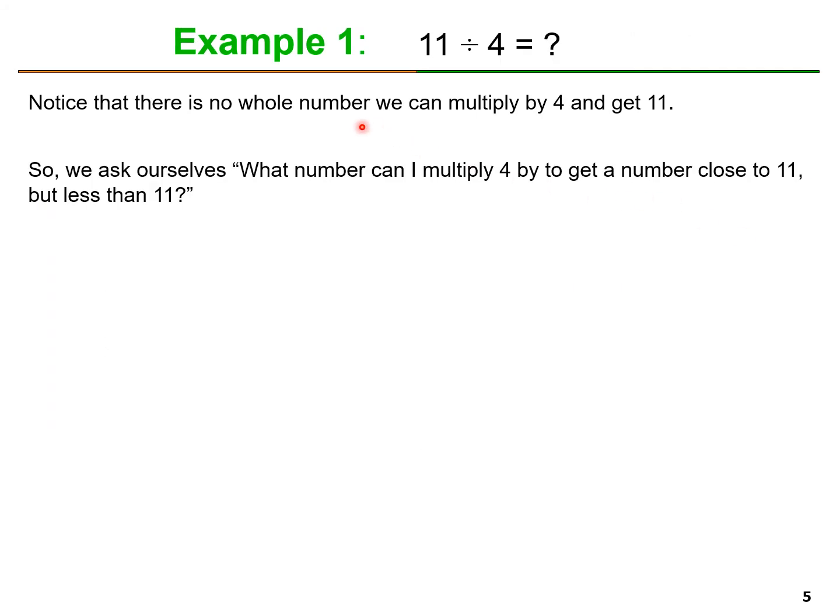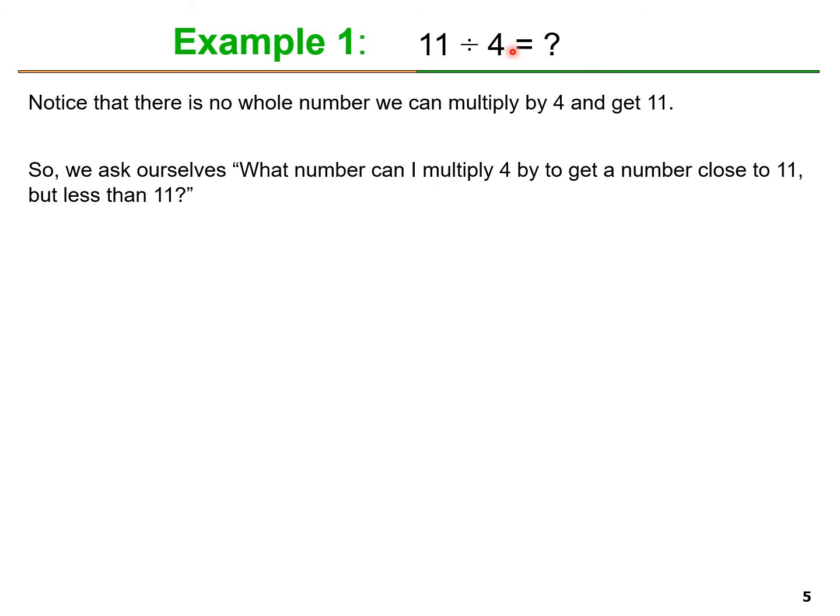Notice that there is no whole number we can multiply 4 by and get 11. Up here, we're basically asking ourselves 4 times what is equal to 11. Again, there is no whole number I can multiply by 4 and get 11.